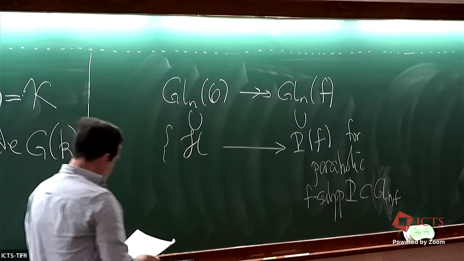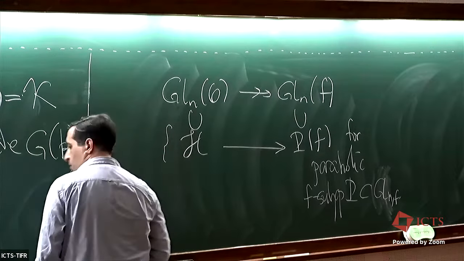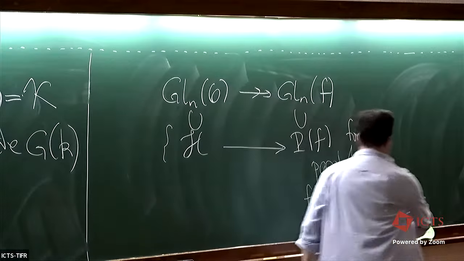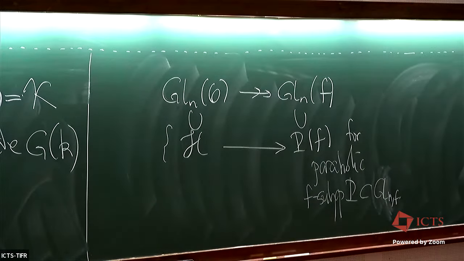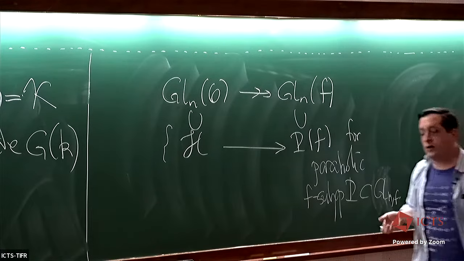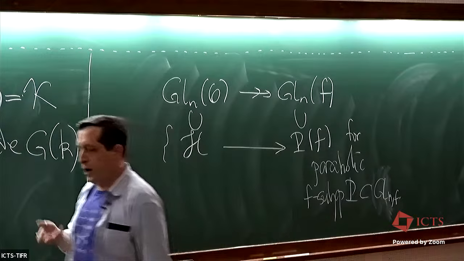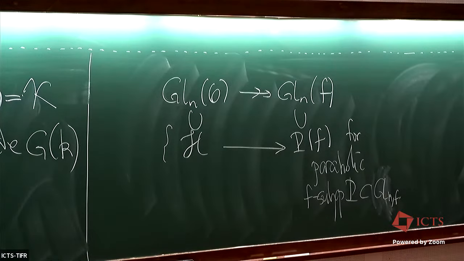But there are some problems with doing things over this residue field, which is a finite field. You might think that finite fields are fantastic, and of course they're wonderful in many ways, but finite fields have a major problem, which is that they're very tiny. Correspondingly, if you're trying to probe some algebrogeometric structure over the residue field by only looking at rational points, then you don't have much to grab onto.